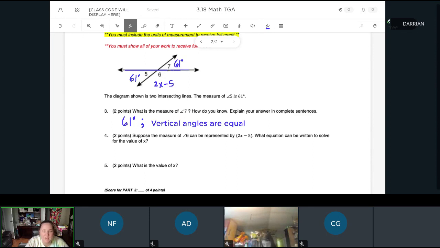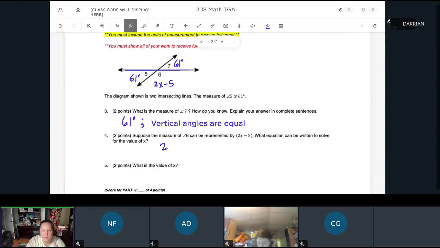These two angles make up that straight line, just like angle 7 and whatever this angle is make up another straight line. And we know that a straight line is equal to 180 degrees. So all you have to do to solve for x is add this angle plus this angle and equal it to 180 degrees.